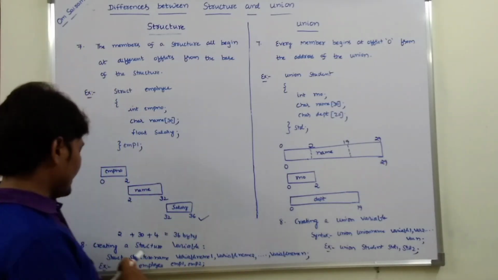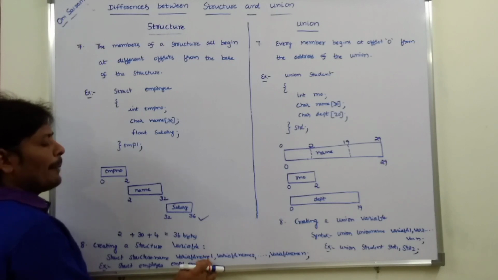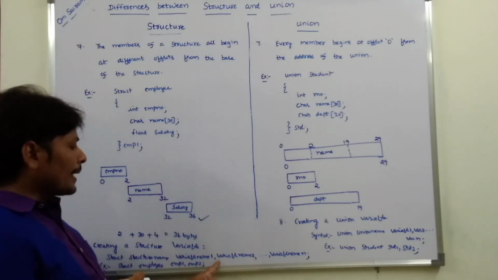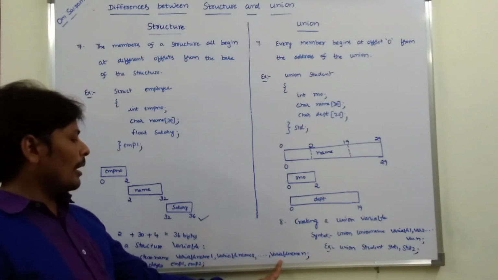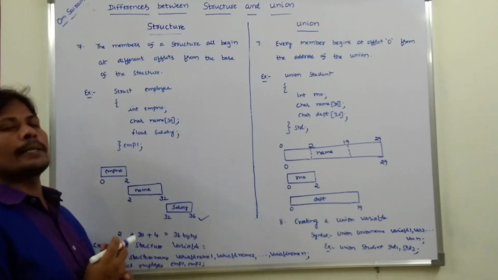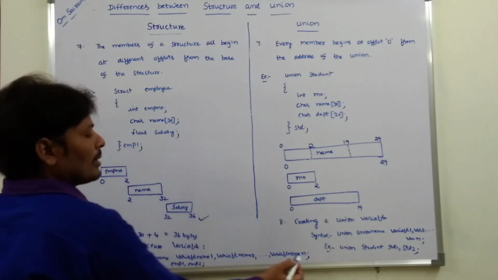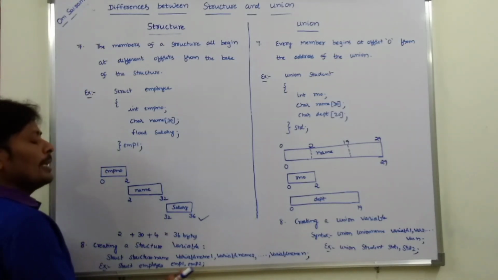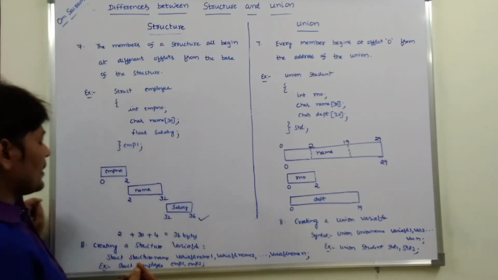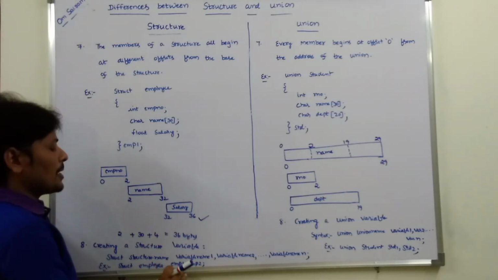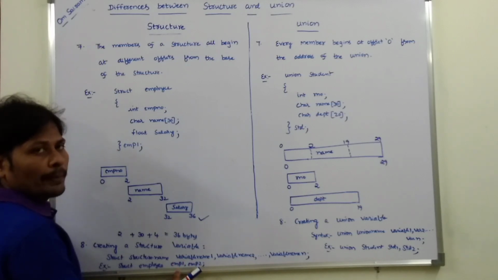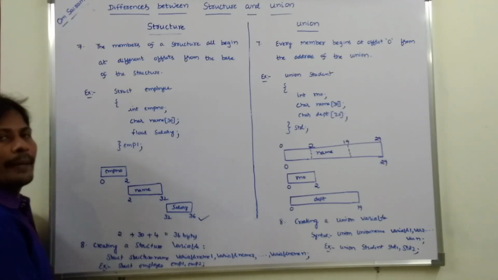Here we are declaring n number of variables. All the n variables are separated by comma and the last ends with semicolon. For example, struct employee emp1, emp2; here we are declaring two variables for the structure called employee. The first variable is emp1, second variable is emp2. These two are separated by comma and end with semicolon.